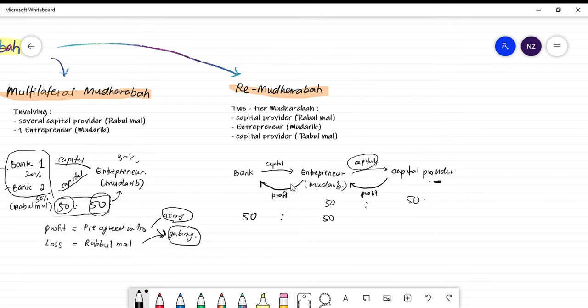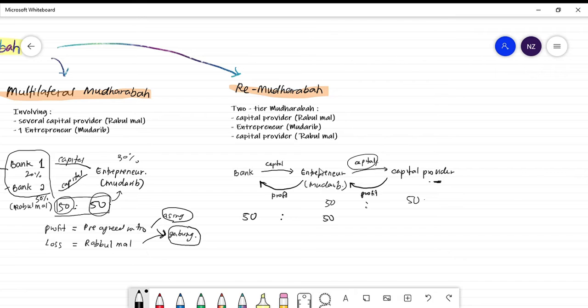So when you want to recognize or identify the profit that each of them will receive, this is how you determine it. You have to say that the profit from the capital provider here, from the second mudharabah, will be calculated according to the second mudharabah with the entrepreneur.